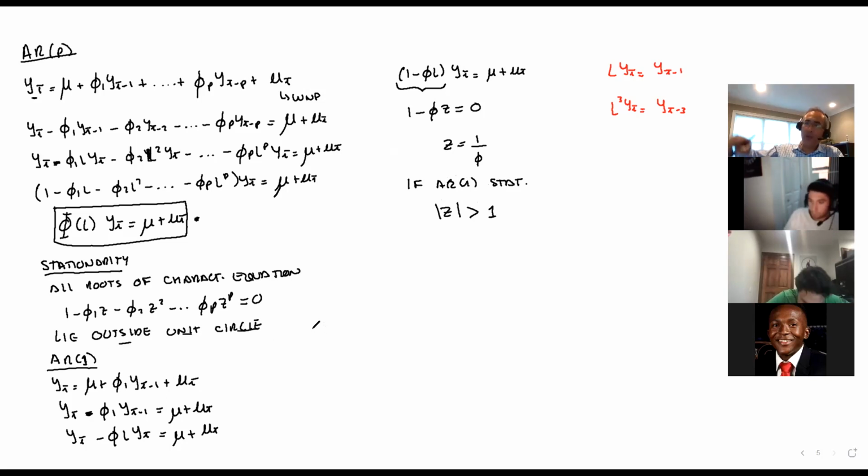Remember when you have a circle, the radius is 1, a circle of radius 1, got it? And the value can be positive or negative, so that's why we use the absolute value. The absolute value of C must be larger than 1. But what is interesting, guys, is that C larger than 1, and you know that C is equal to 1 divided by the coefficient, is exactly the same as requesting this one here being smaller than 1.